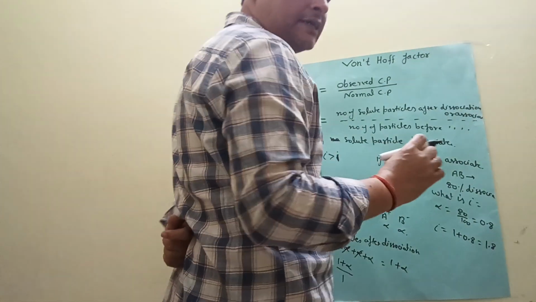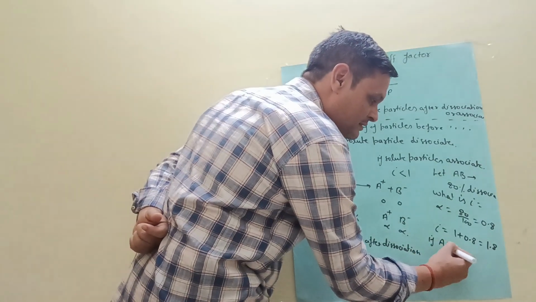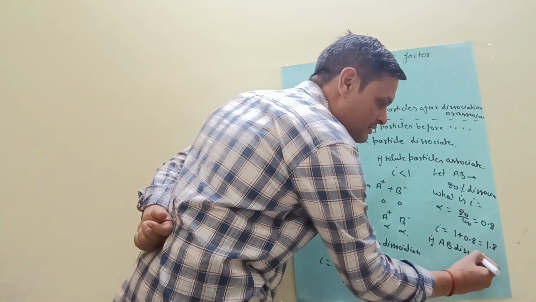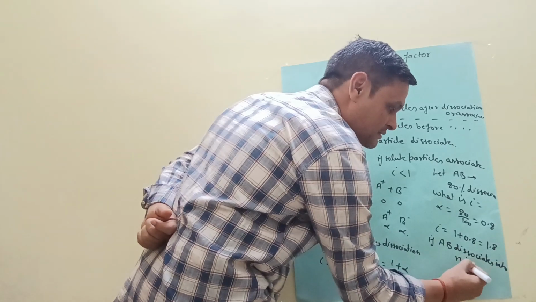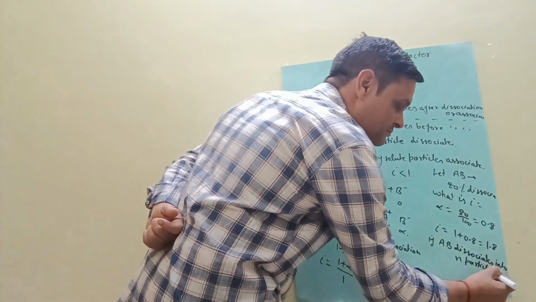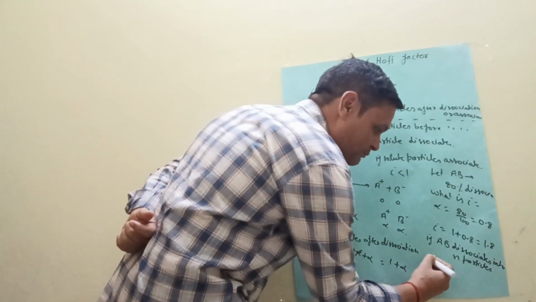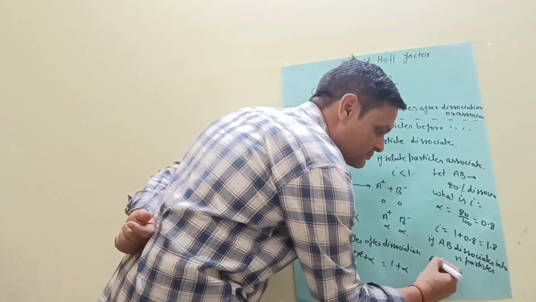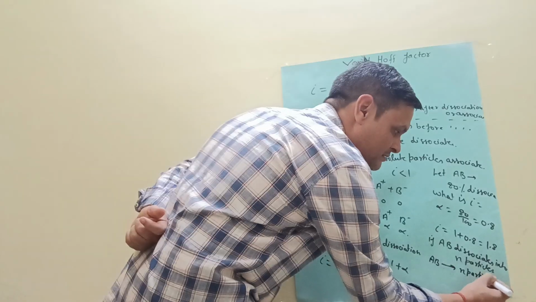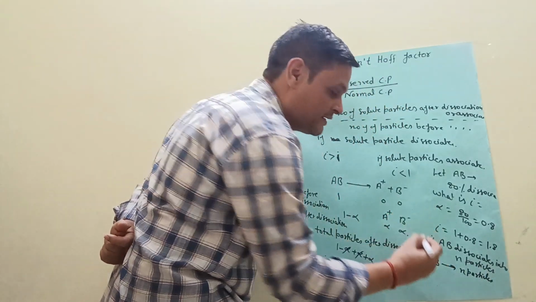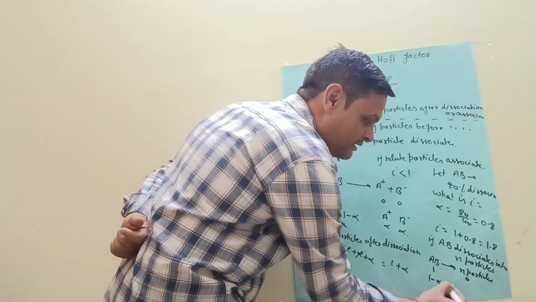Assume that AB dissociates into n particles. Then how can we calculate i? Before dissociation it was 1, 0. After dissociation, 1 minus alpha.